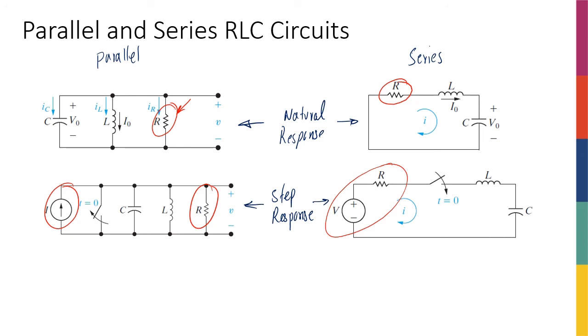You might have more than one source, but we need to simplify the rest of the circuit with one source and one resistor. So I have one inductor, one capacitor, and this side of the circuit could be the Thevenin equivalent of a huge, very complicated circuit that was simplified to this form. That's one point I wanted to mention. Most of the examples we solve won't be very complicated in terms of the number of sources and resistors, but it's always important to remember that if you have more than one resistor, you have to replace the entire circuit with one equivalent resistance.